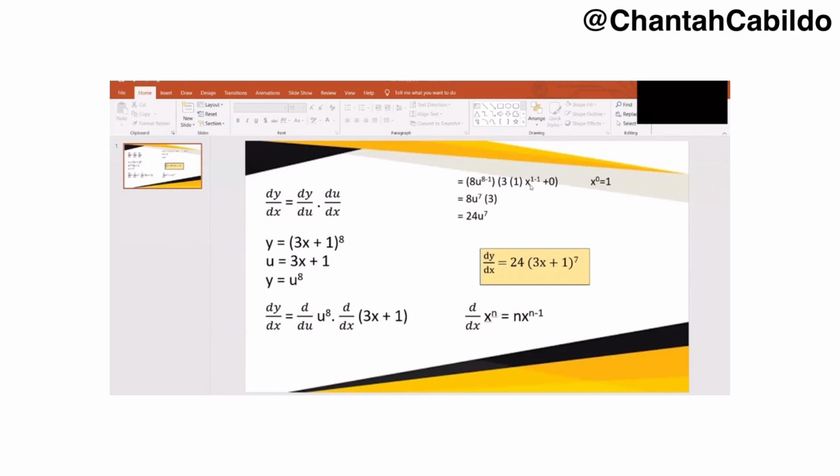So we'll bring the 1, then have our exponent of x, that is 1, and we'll subtract it again with 1. Raised to 7.